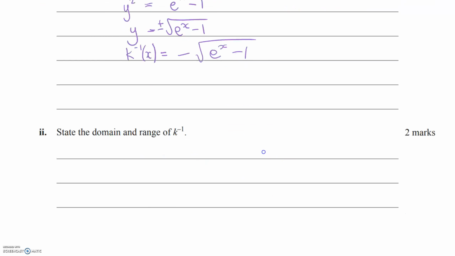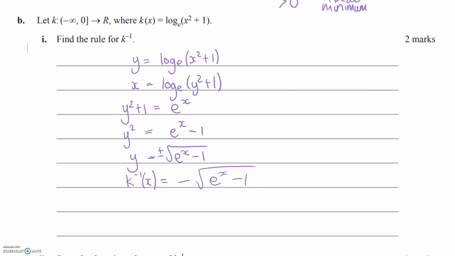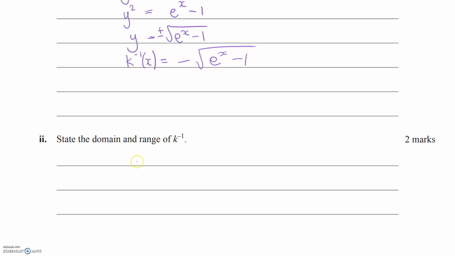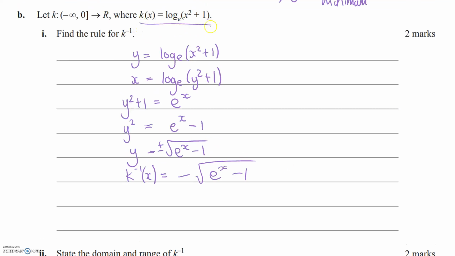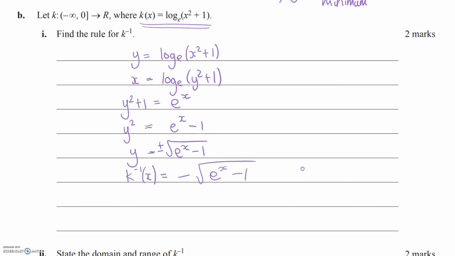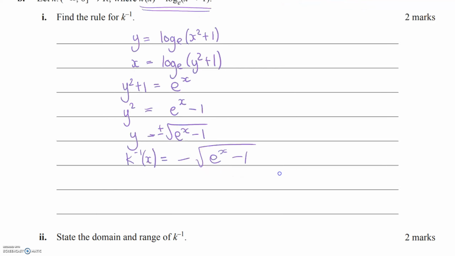Now, the domain and range of this, well, really we've been given the range of it here. So that made it quite easy for one of those marks. However, our next bit is a little bit more messy, because we've got to think, well, actually, this is an inverse of our function, which we started with. Now we know that the domain and the range flip when you inverse it.